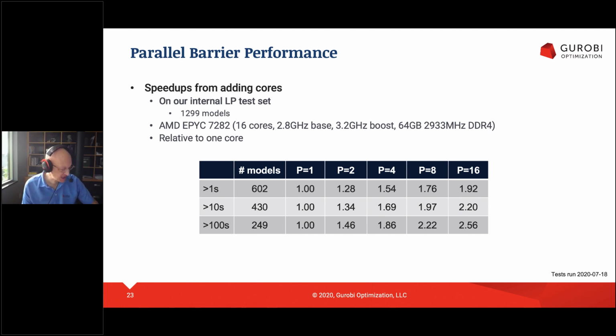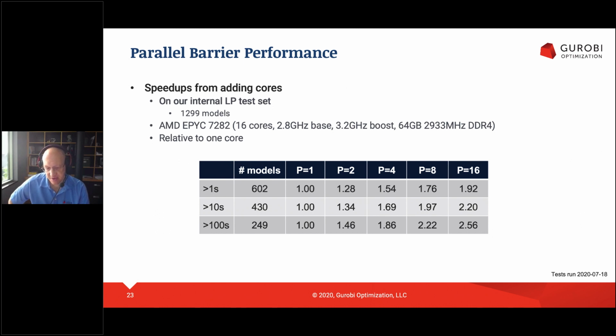And I split this out by the time required to solve the model. The first line shows performance results across all models that take at least 1 second to solve. Second line, models that take at least 10 seconds to solve, and third line models that take at least 100 seconds to solve. You can think of this as, the models that take more than 100 seconds are the harder models.